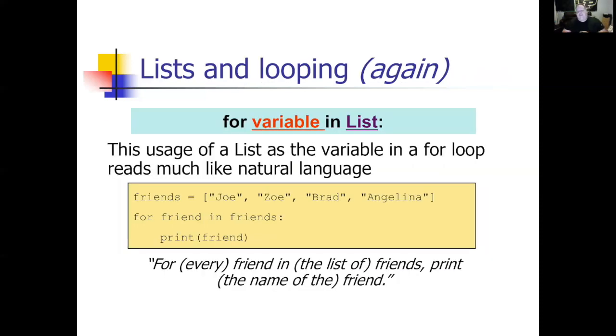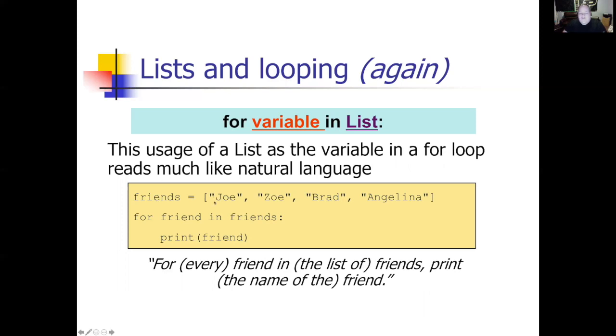So when I set up a loop, I'll say for variable in a sequence, and that could be a list. So friends equals Joe, Zoe, Brad, and Angelina. So I've got this list of friends. And if I name my variables like a list, like a sequence, if I name it something that makes sense, these are my friends, I can actually write for loops and other types of programming structures that almost sound like natural language.